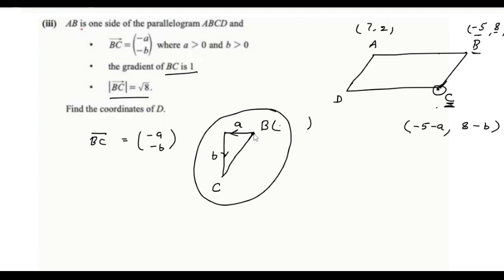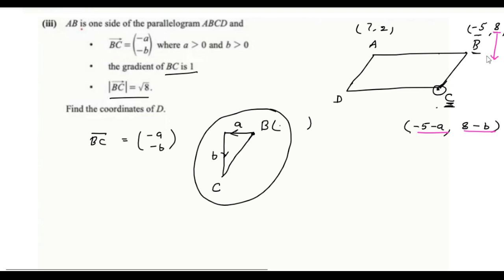Because from B, you moved B unit down. So already your y coordinate is 8. So when you move B unit down, it will be 8 minus B. It's a simple coordinate. If I know the coordinate of B and I know that I am going B unit down, the y coordinate of C will be 8 minus B only. It's simple, na?